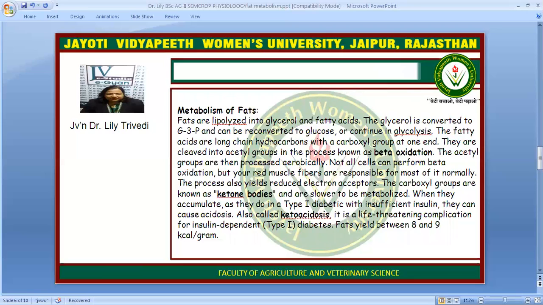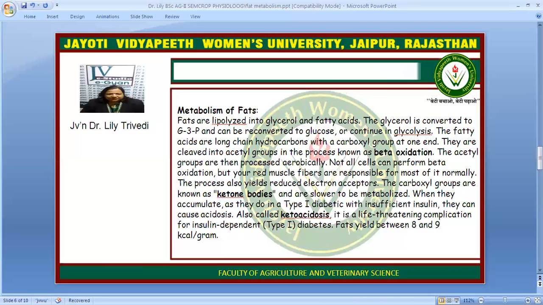Now they are cleaved into acetyl groups by a process known as beta oxidation. This is an aerobic process and the acetyl groups proceed aerobically. Now all cells cannot perform beta oxidation. So what happens?